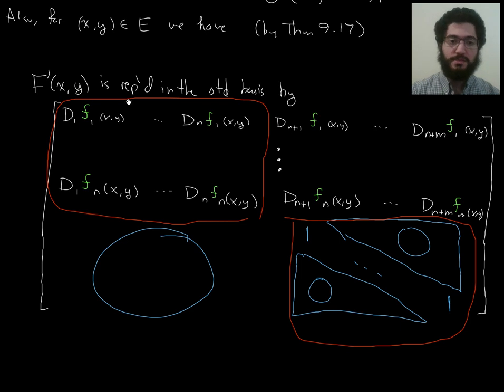Since we assumed this block is invertible, assuming you're plugging in x naught and y naught in for x and y, and the identity is definitely invertible, I'd be looking at the product of 2 non-zero determinants, which is non-zero. So the matrix as a whole is then invertible.